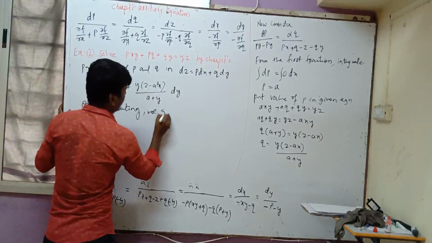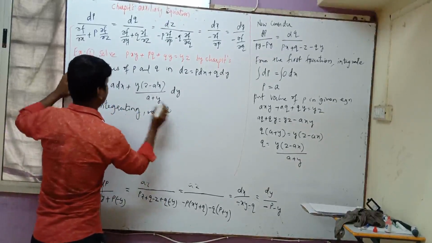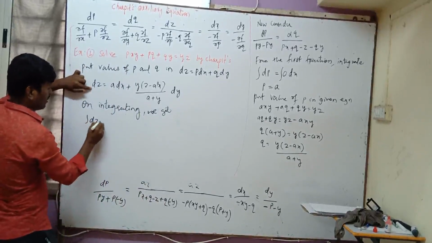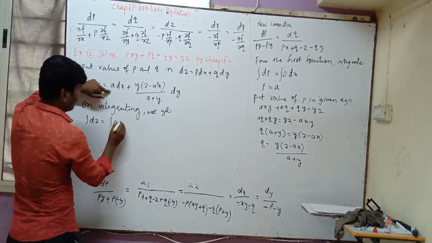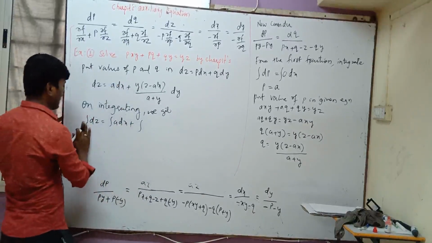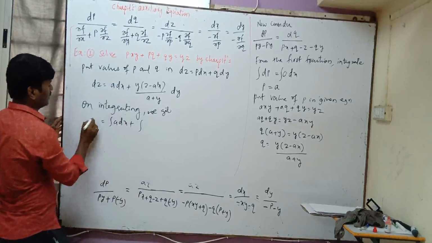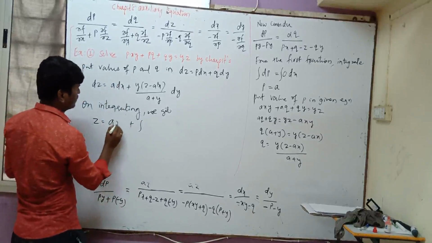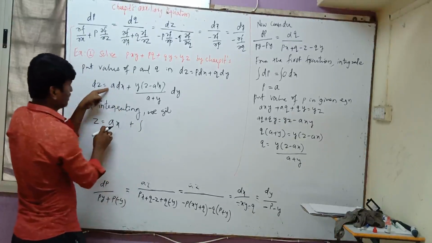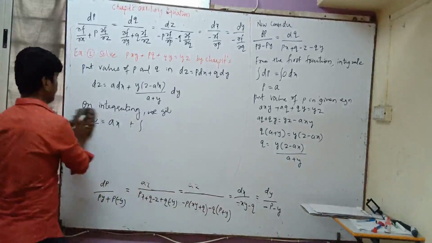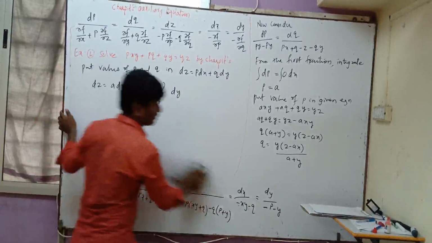On integrating, the integration of dz is z, and the integration of a dx is ax, because a is constant. But it is better to simplify first, and then integrate. So dz = a dx + y(z - ax)/(a + y) dy. Taking a dx to this side, dz - a dx = y(z - ax)/(a + y) dy.